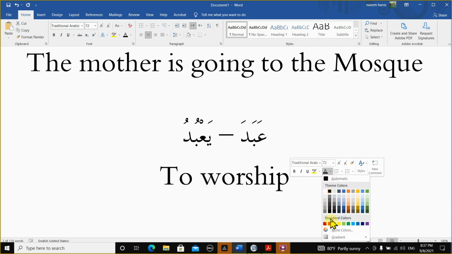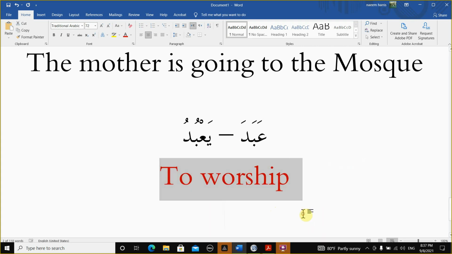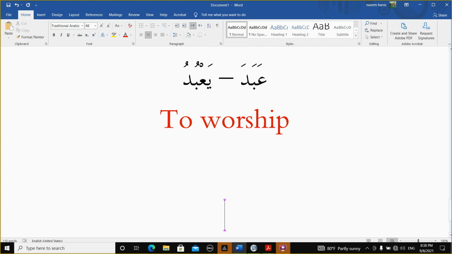We did the first one, the example: Al-Muslimu ya'budu ilahan wahidan. So we're going to keep the same sentence. All I want you to do is change the verb. That's all that's going to change. The sentence is going to stay the same.